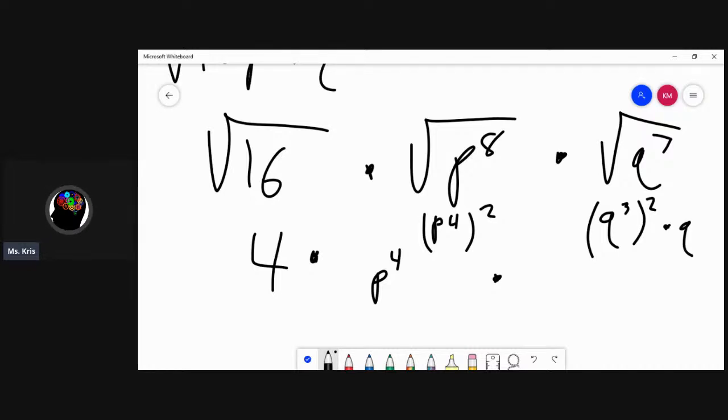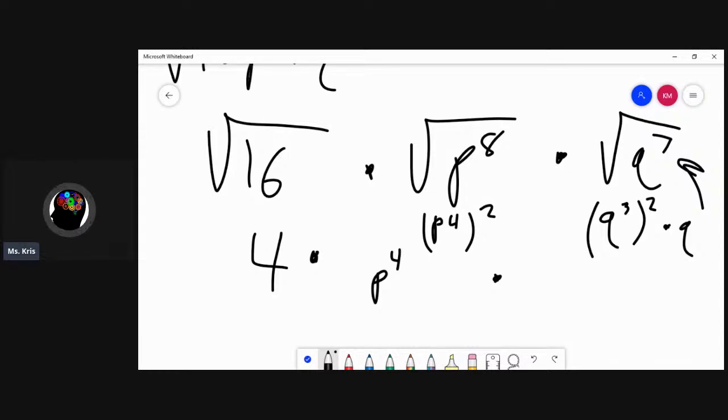I did it that way because the power rule says that an exponent raised to an exponent can be multiplied. So q to the third raised to the second power is q to the sixth, and q to the sixth times q gives me my q to the seventh.